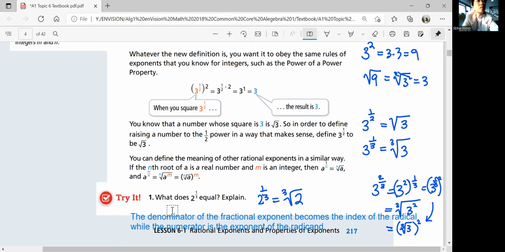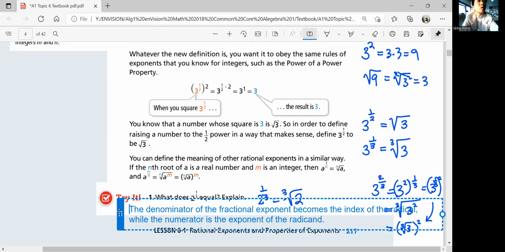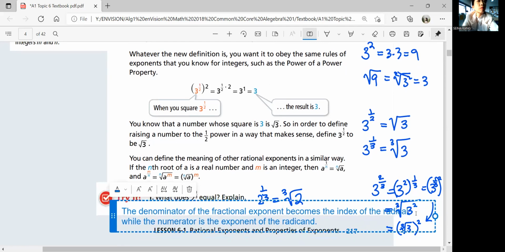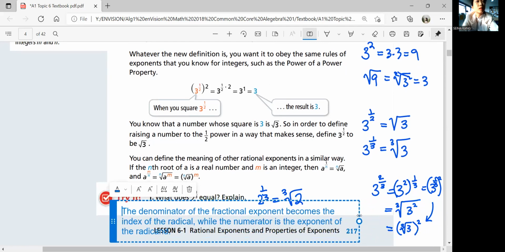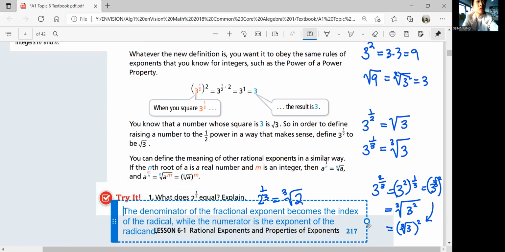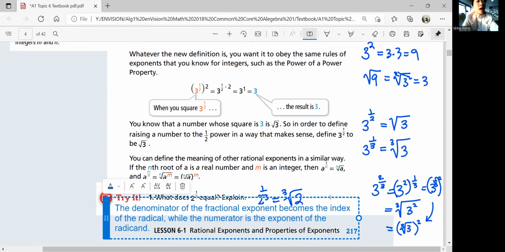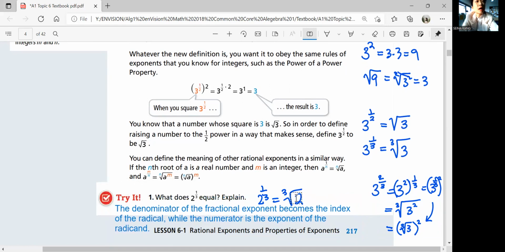Okay? So the radicand is the base. It's the same as the base of the exponent. But when we have the radical, which is the square root, that's when we call the base the radicand. Okay?